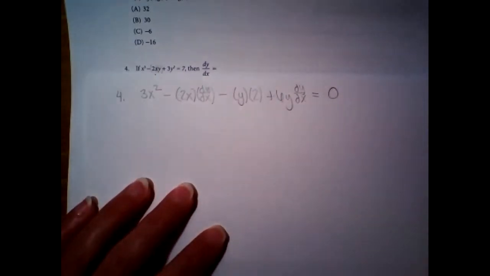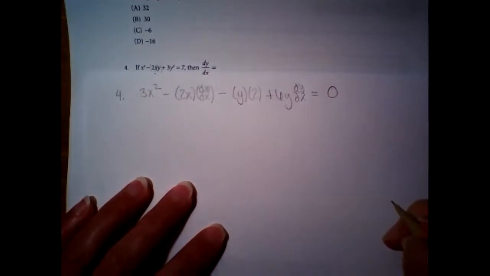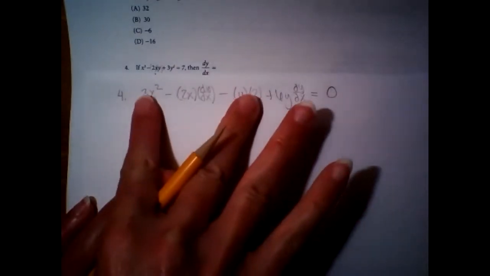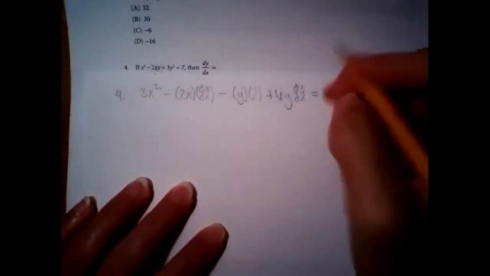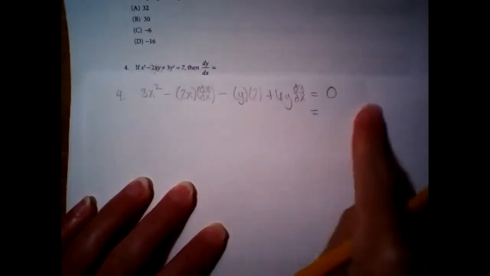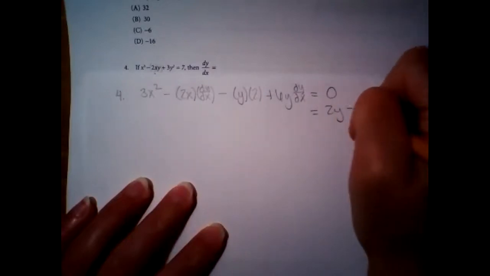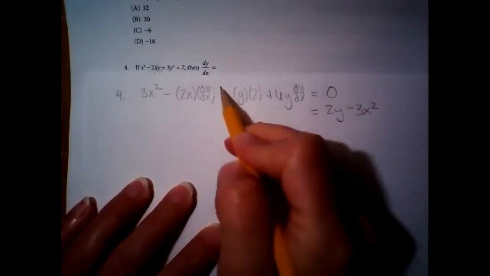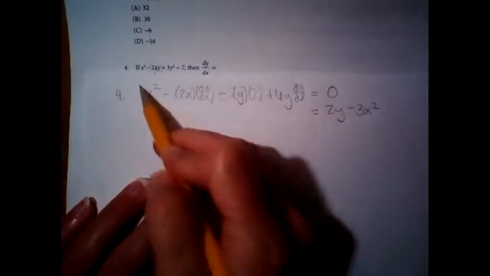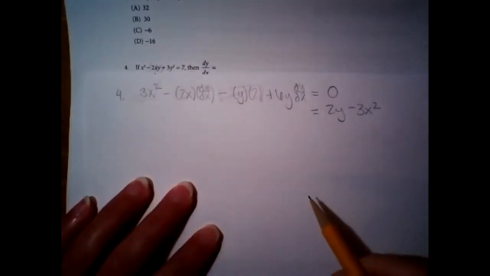All right, so now our job is to do all the algebra of getting dy/dx by itself. These two terms are going to move over to the other side. So I'm going to add over this 2y and subtract over the 3x squared. So both of those migrated to the other side.